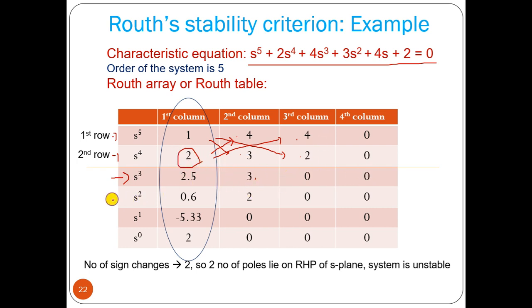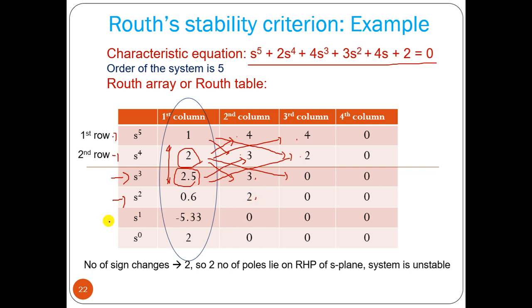Okay, then we have to find out the next row. That is, we have to consider the previous two rows. 2.5 into 3 minus 3 into 6 divided by 2.5. That will be 0.6. Okay, you can do the calculation. And 2.5 into 2 minus 2 into 0, divided by 2.5, that will be 2 itself.